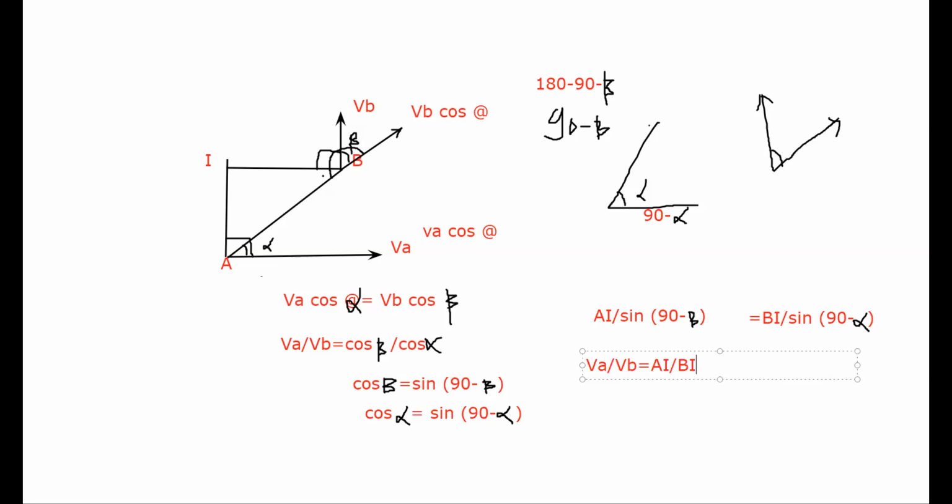Similarly, what is the motive behind showing this? If it is VA by AI, I can write here VA by AI is equal to VB by BI.